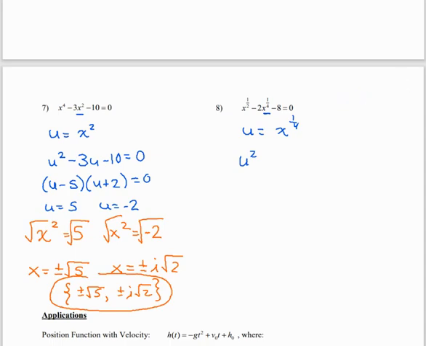So I have u squared minus 2u minus 8 equals 0. Again, pretty easy factoring. What multiplies to -8 and adds to -2? That's -4 and +2.